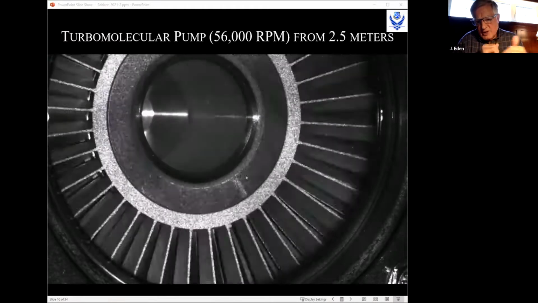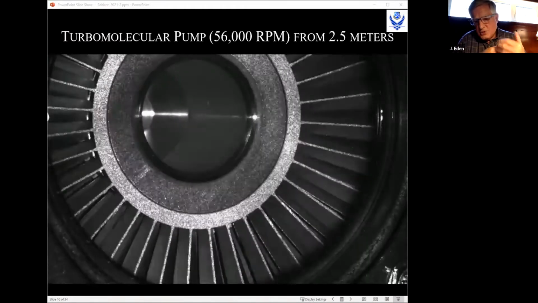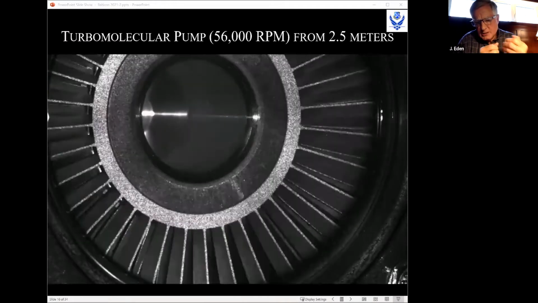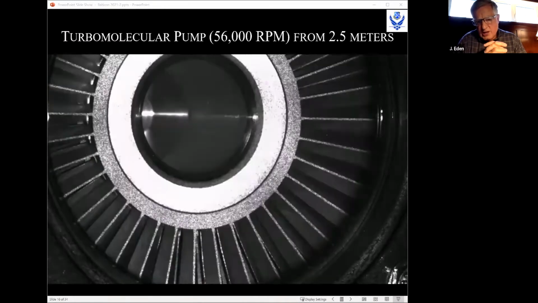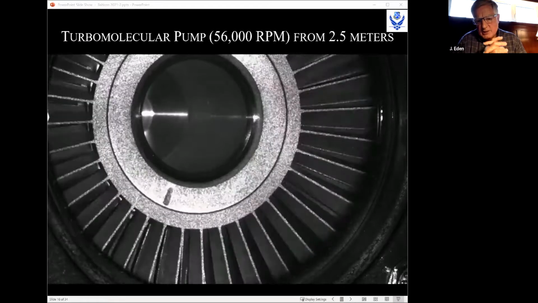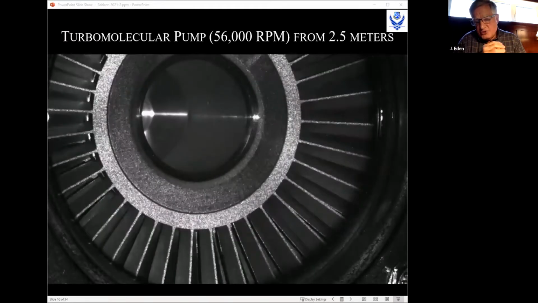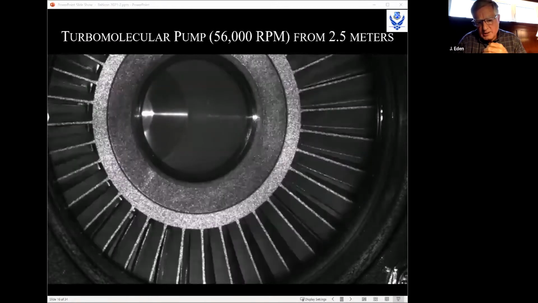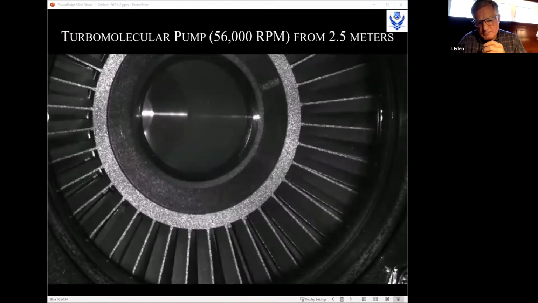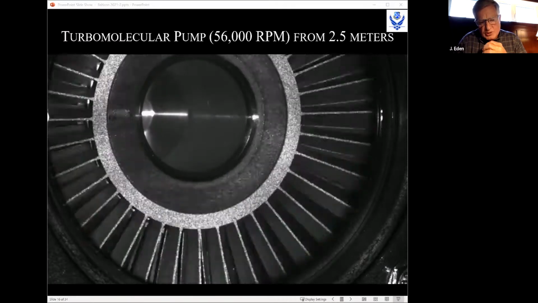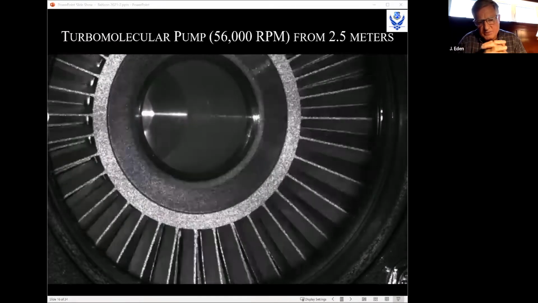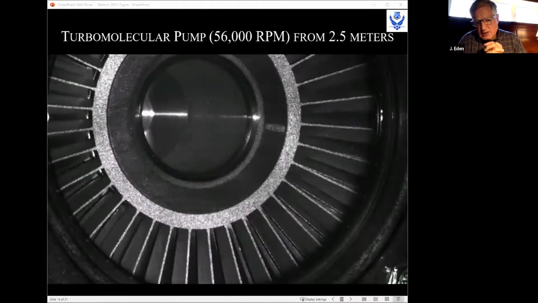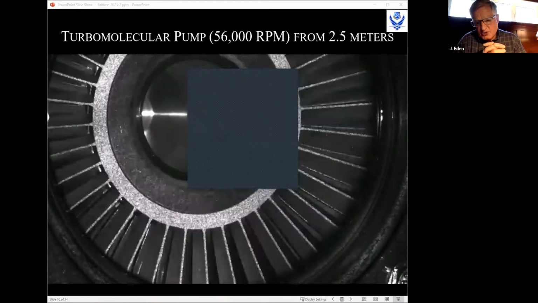Now, the reason that the fan is still moving, even though we are capturing these images with very short pulses, is that the phase of the laser is not the same as that for the pump. So that's why the pump vane is moving. But I wanted to show you this to hopefully convince you that we can capture images that are also at a distance.